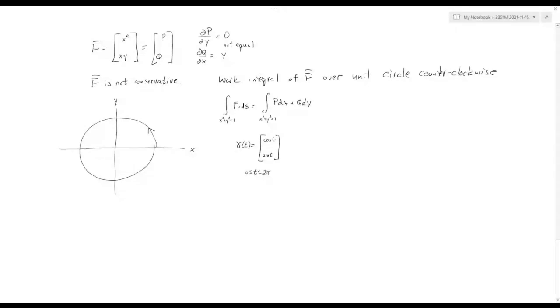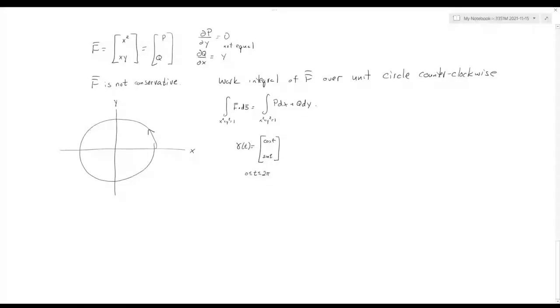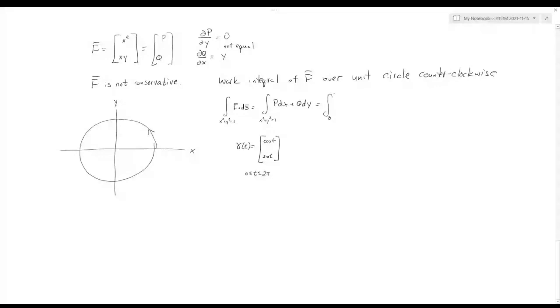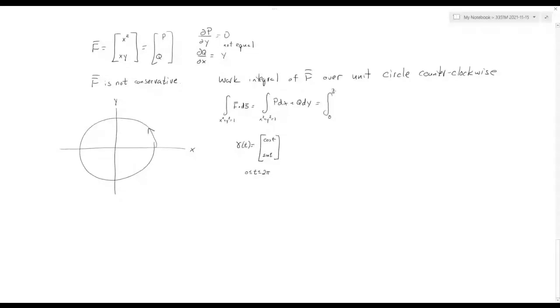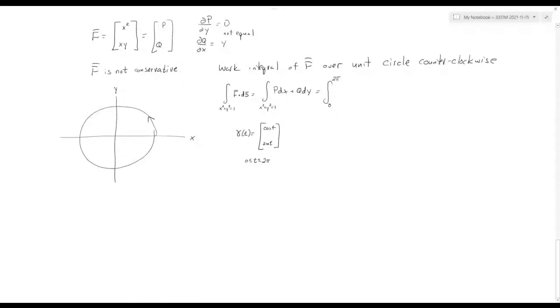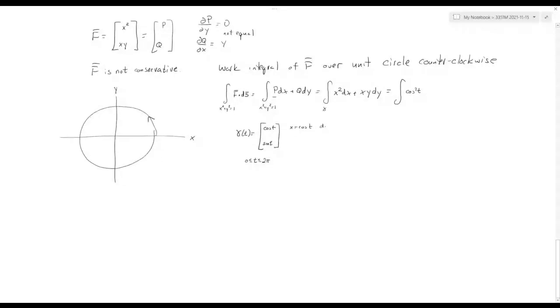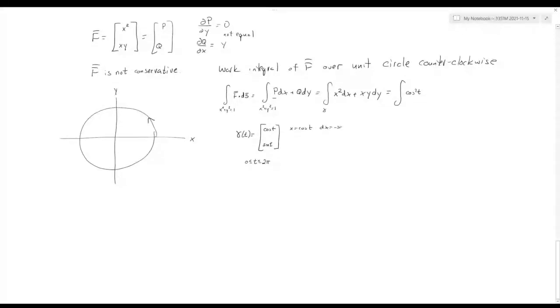So now we can evaluate this relative to the parameter space. So t goes from 0 to 2 pi. And then P is x squared, and x squared will become cosine squared. Let me actually write it out one more time. So x was cosine, so we get cosine squared. dx would be negative sine dt.